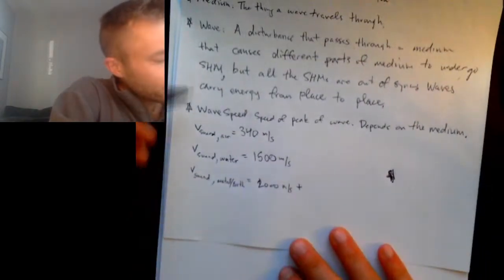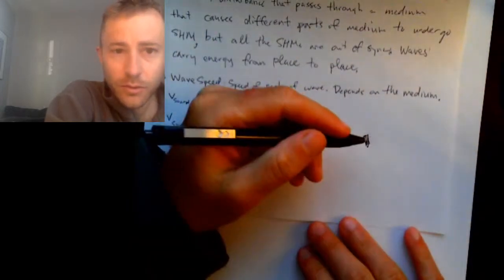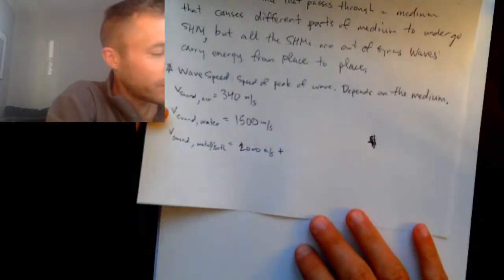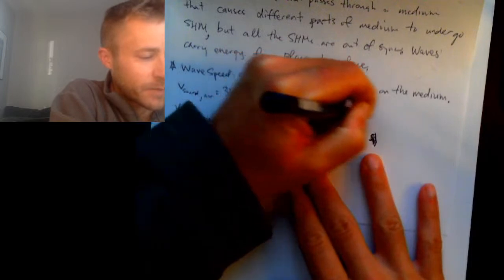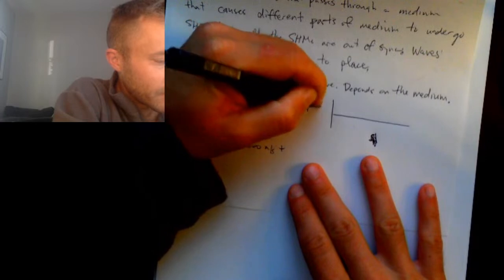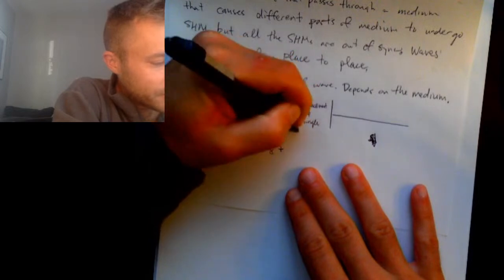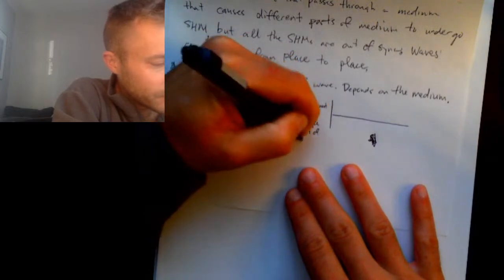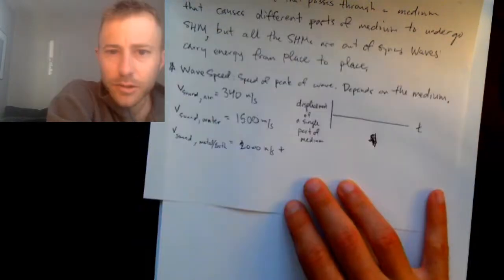All right, so if we look at waves, we can do two graphs for waves. One graph we can do is the displacement of a single part of the medium versus time.